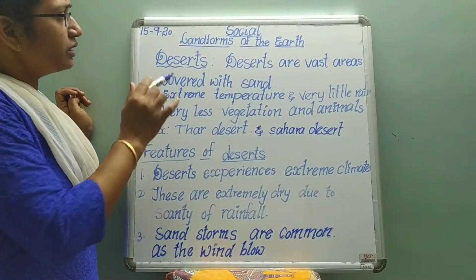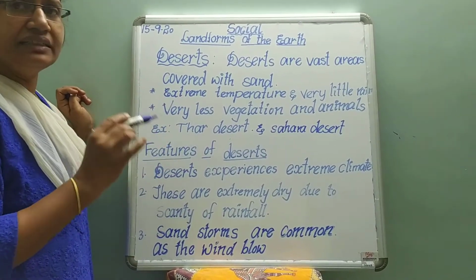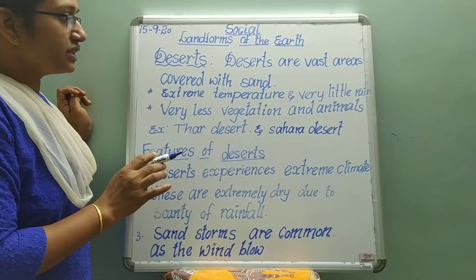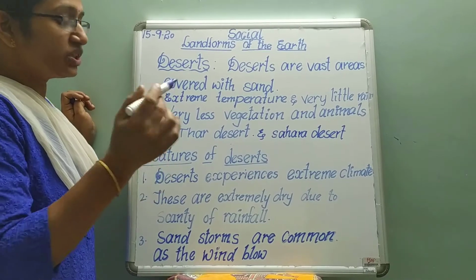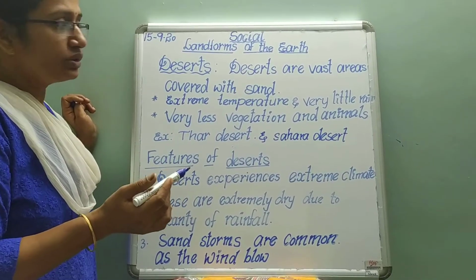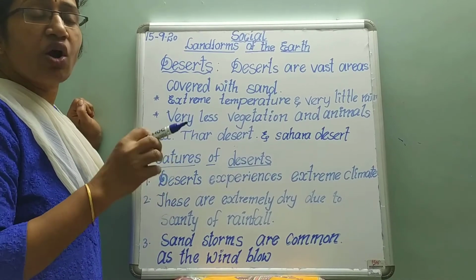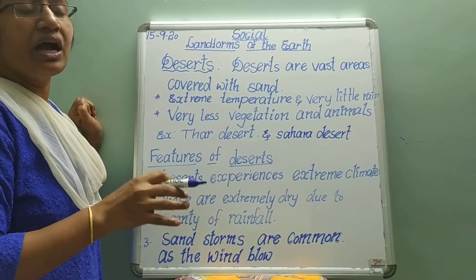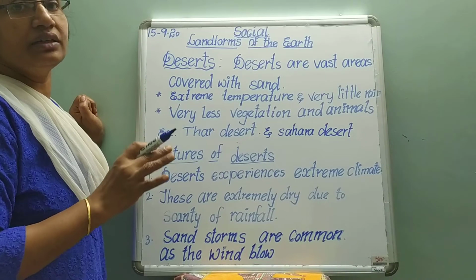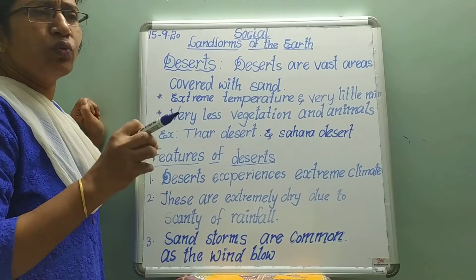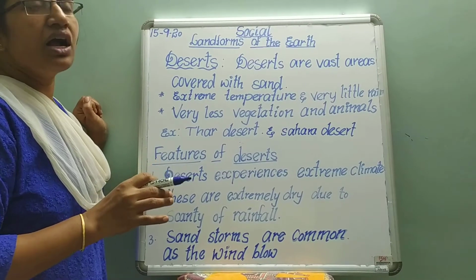The deserts have very little rainfall and experience extreme temperature. Extreme temperature means it's very hot in the daytime and cold at night.